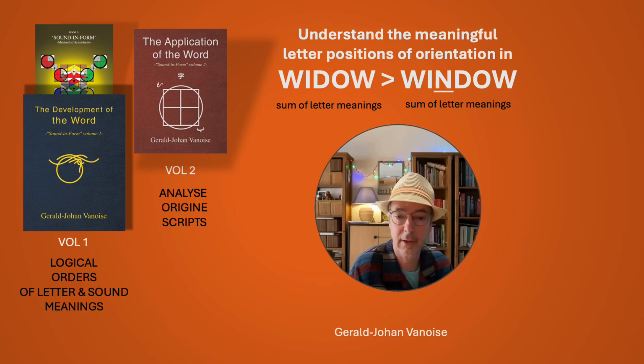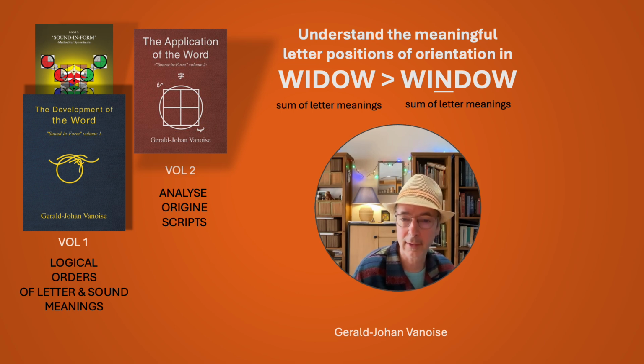Can we at least have a good impression that we can recognize the letter combinations in a word, even vaguely, that we already can recognize the context which is expressed in the letter combinations that a word expresses? I will give you the example of the difference between a word like widow and window.